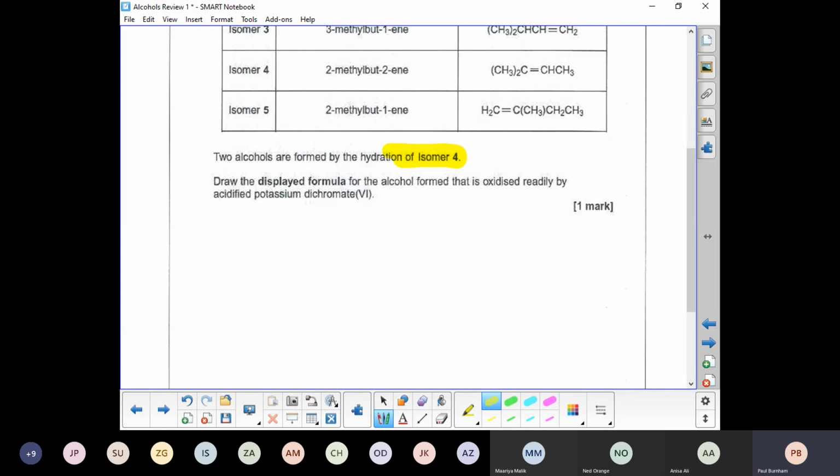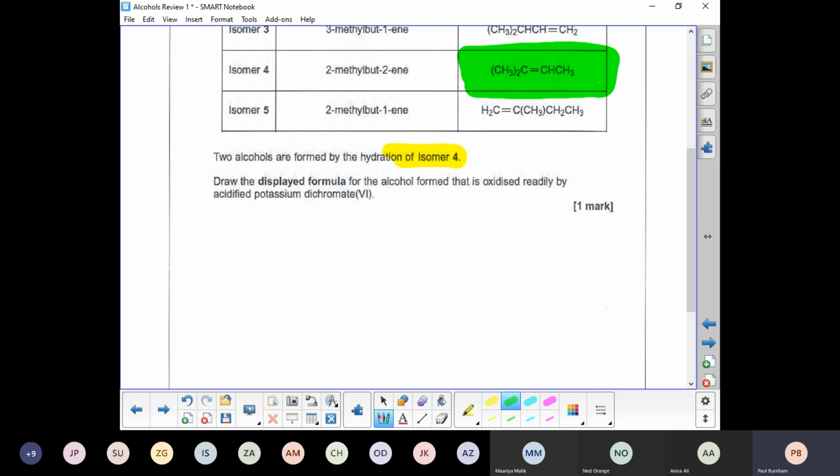And it tells you at the beginning of the question that 2 different alcohols can be obtained by the hydration of isomer 4. So I'm just going to highlight isomer 4 here at the top of the screen. That is the chemical that we're dealing with, and we can make 2 alcohols.